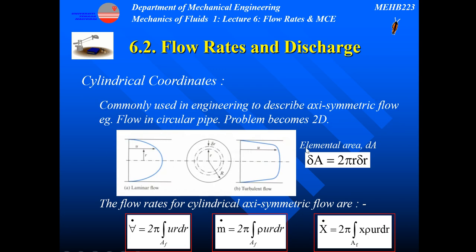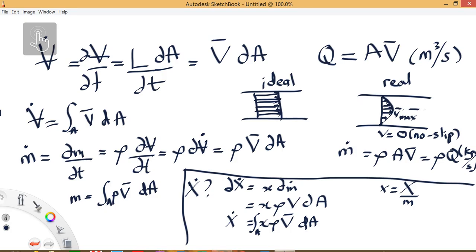Okay. Alright. The common shape for a pipe is a cylinder. So the elemental area or the differential area for a cylinder is 2 pi r dr. So remember that we have the dA here.